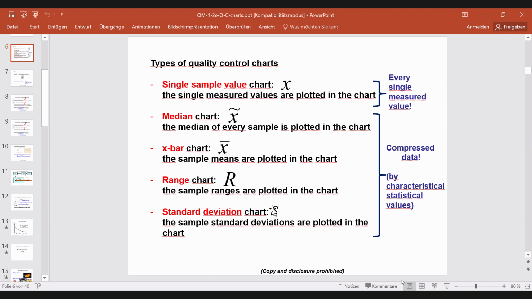Mostly they use the standard deviation. In most of the cases, they have an X-bar S chart. So the arithmetic mean and the standard deviation are in the quality chart.